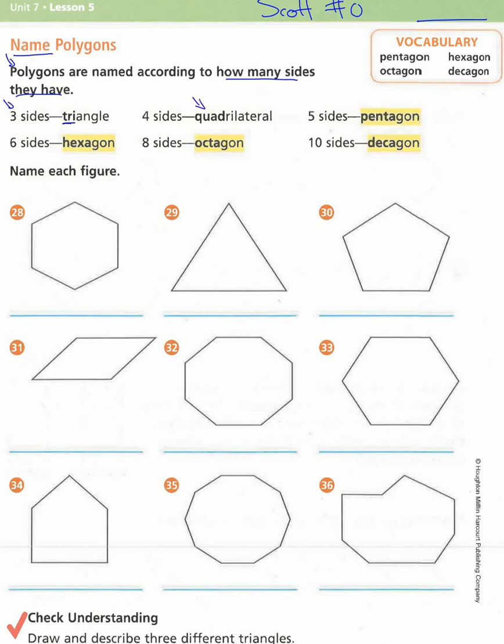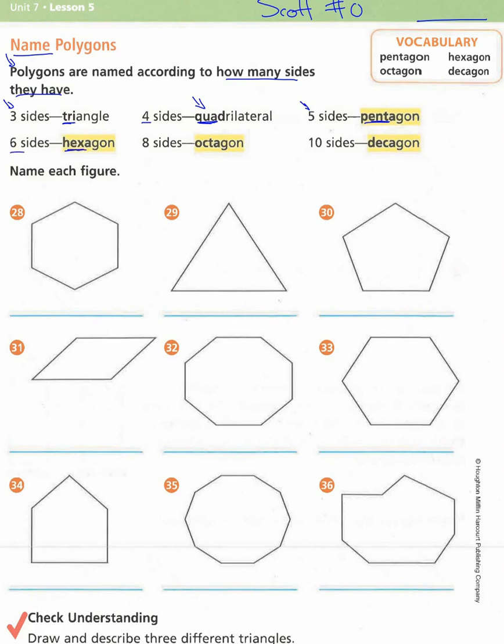We've talked about quadrilaterals, right? 4 means quad. 4, like a 4-wheeler is a quad, right? You're used to that. A 5-sided figure is called a pentagon. There's a famous building in Washington, D.C. called the Pentagon. The home plate on a baseball diamond is in the shape of a pentagon.